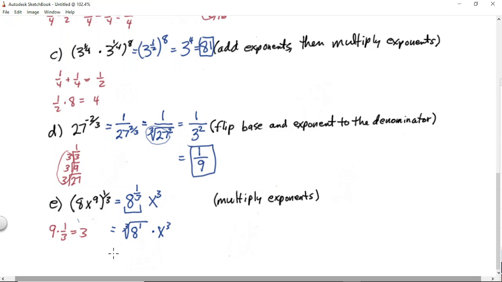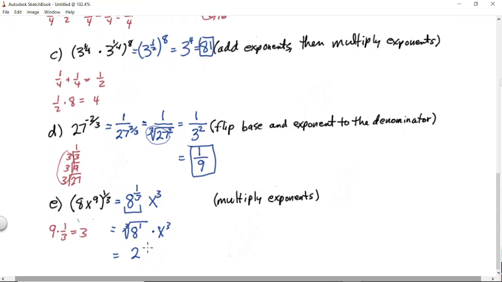Okay, so we just have to take the third root of 8. And this time we can go ahead and take 8 to the first power. It's just 8, right? So take the third root of that, third root of 8. I think you guys know that one. I won't bother checking that one. Third root of 8 is 2.